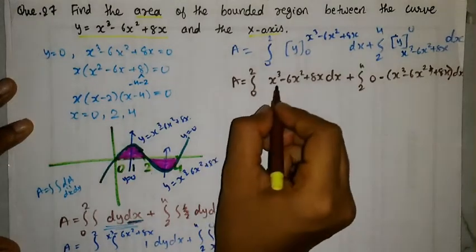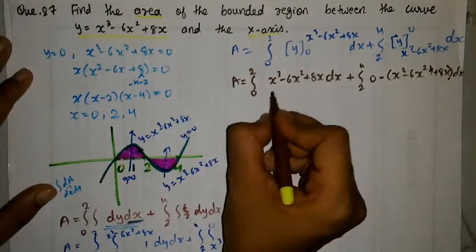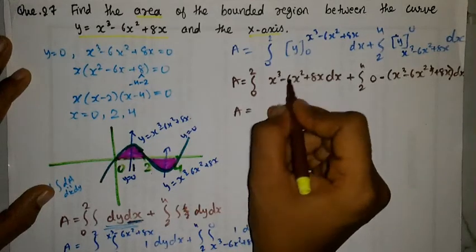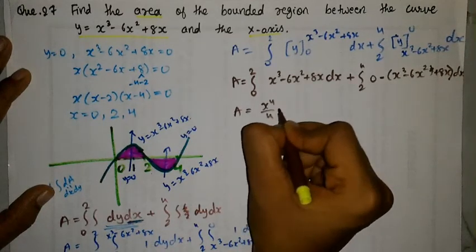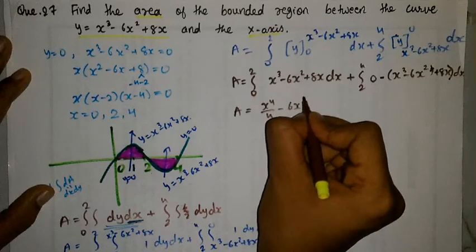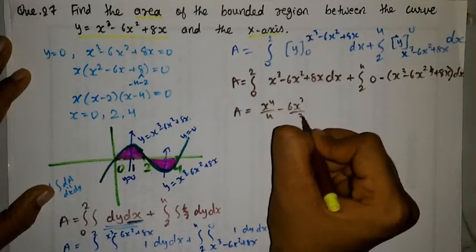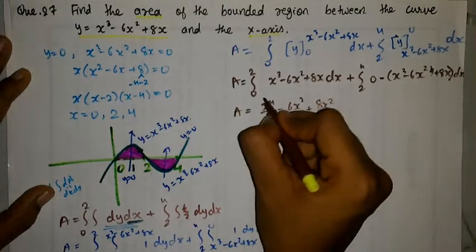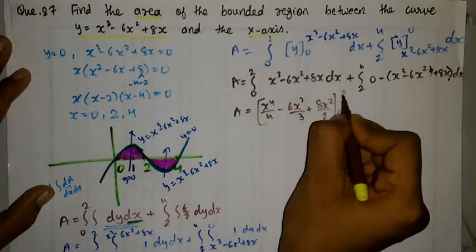Now integrate this term with respect to dx, so we get area is equal to integration of x cube is x raised to 4 by 4 minus 6, 2 plus 1 is 3, x cube by 3, plus 8x square by 2, its limits are from 0 to 2.